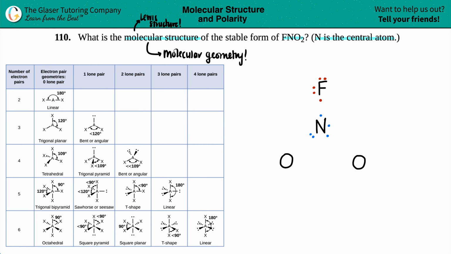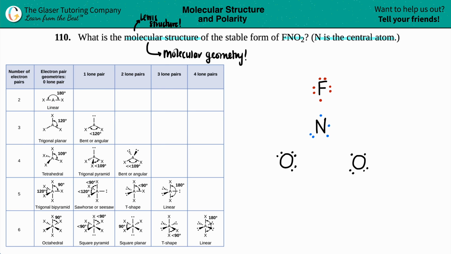So I'm going to draw 7 dots around the fluorine. And then oxygen is in group 6A or 16, so that's lucky number 6. So 6 dots around each oxygen.